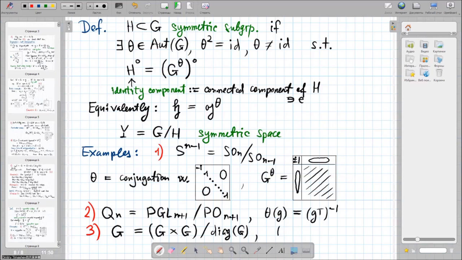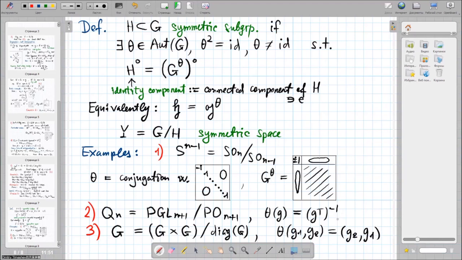So here, the involution theta just swaps the elements in the pair (g1, g2) belonging to G cross G. It just swaps the factors of the product G cross G. The fixed point subgroup is exactly the diagonal.